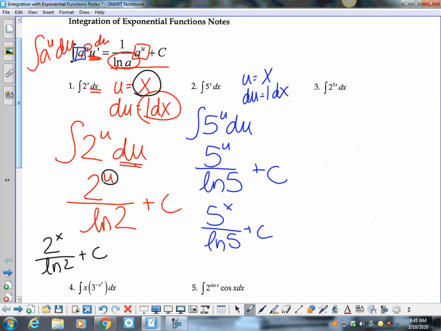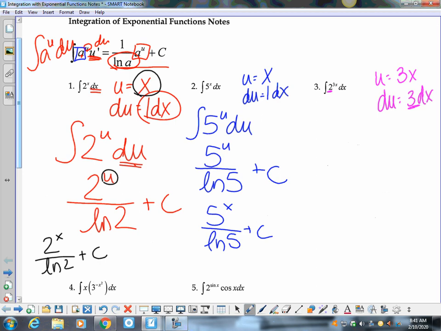So now look at number 3. We're adding a little bit of meat to the power. Okay? So what is your u? So what is your du? Now, notice that this 2 right here is a staple, like he's part of the problem. I don't need to account for him.